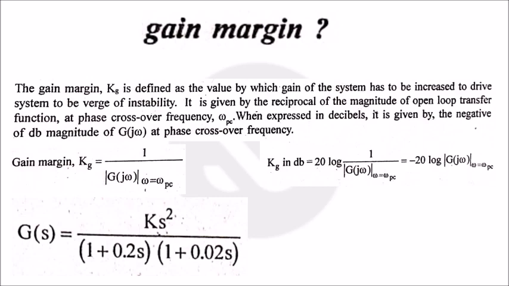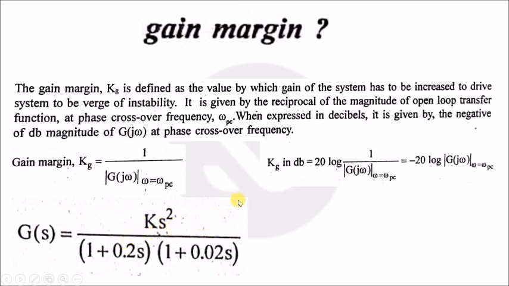Now what is the gain margin? I told you we need to find out the omega pc, and we need to find out the gain. Replace the omega by omega pc. So this is the transfer function we have got, and we know how to find the magnitude.